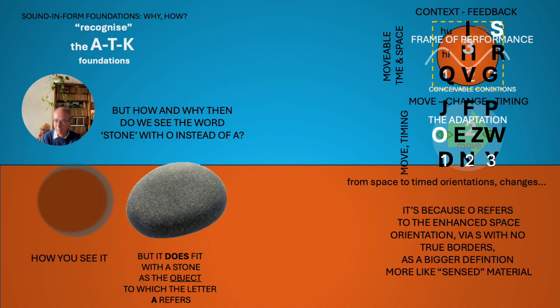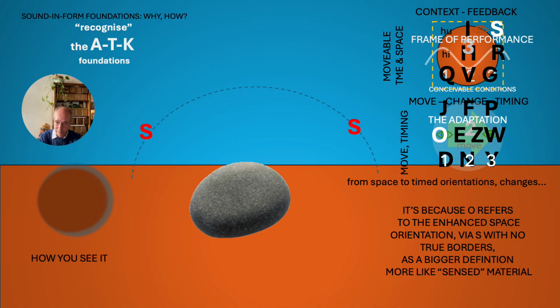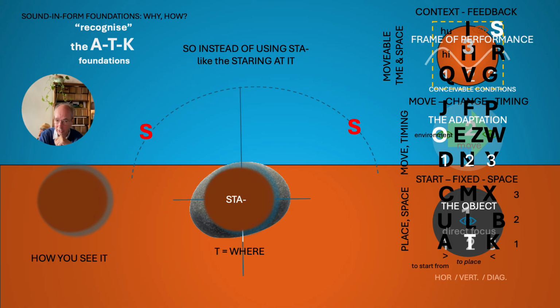If I'm still focused upon something, about an object, it doesn't have real borders at that point. The O itself, I will explain in a minute too. But here it is. So the S is really that sense that, okay, there is a bigger definition behind it. And I sense it towards the middle, towards a focus that really still has a place. I'm still focusing upon a place where that stone is, or stone in general is.